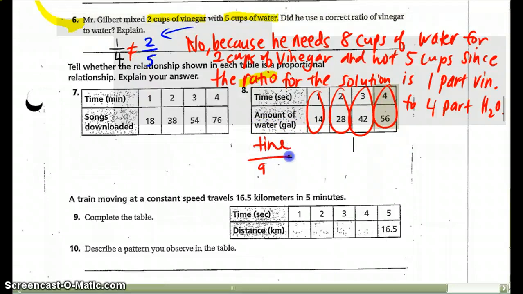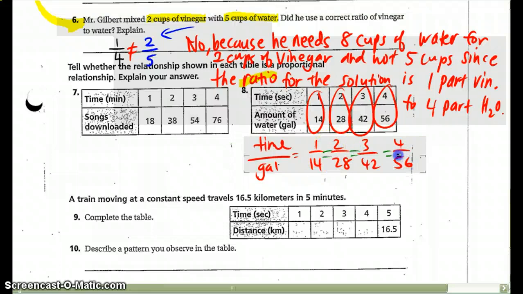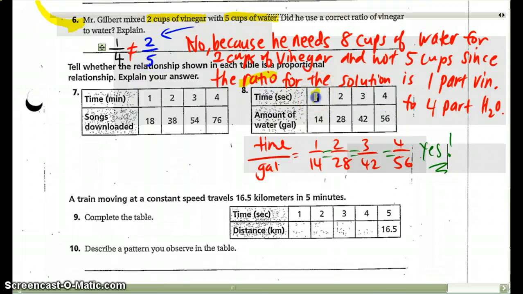So we're going to have 1/14, 2/28, 3/42, 4/56. I want to know if all of those fractions are equal. If they are, then yes. Did you get it? Is it yes or no? It's yes.